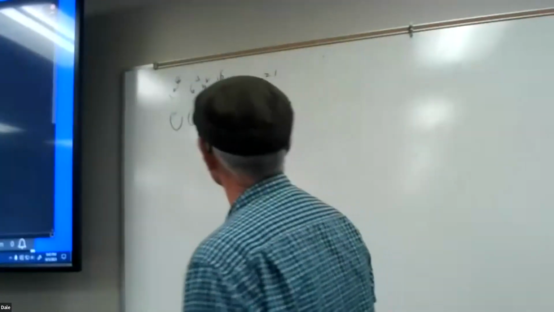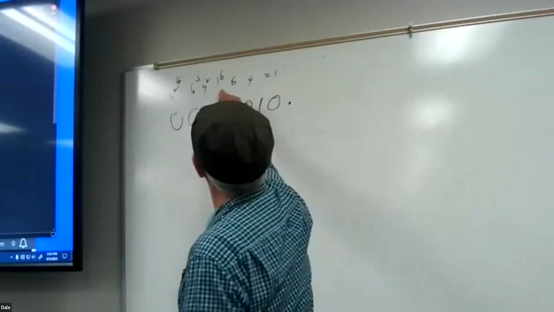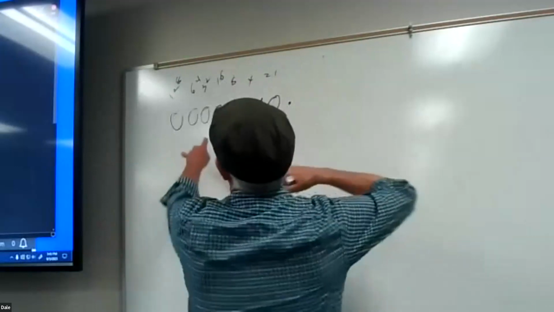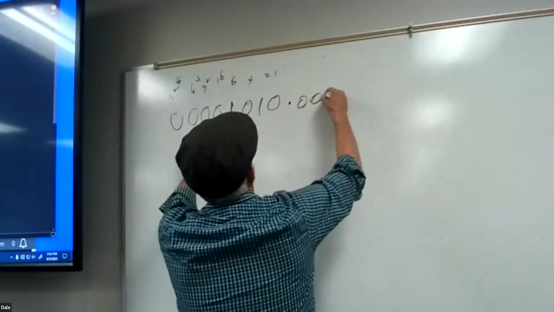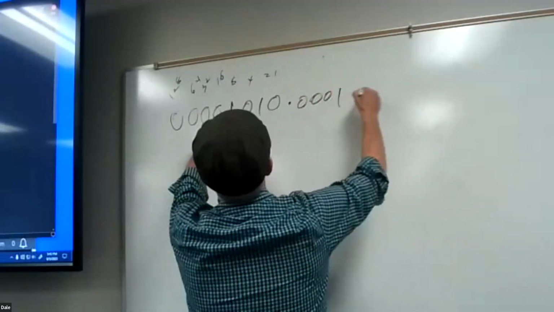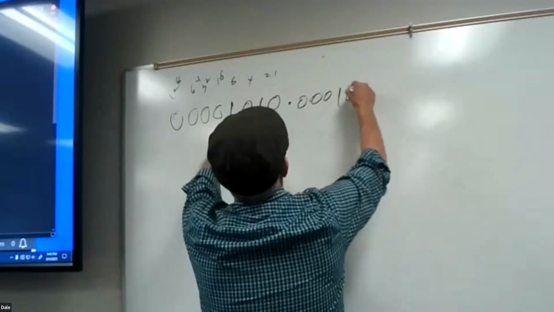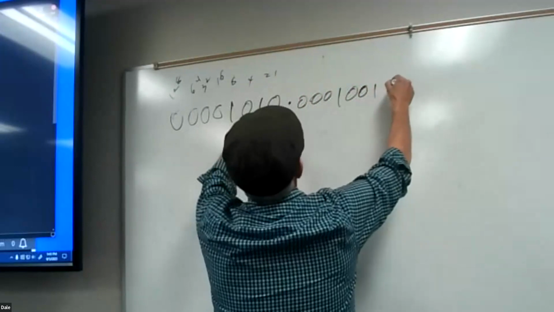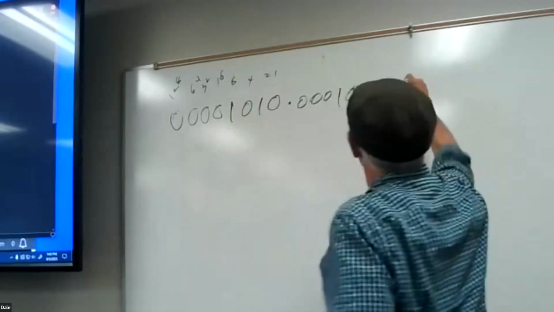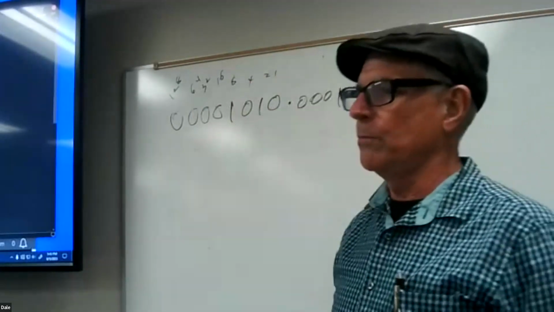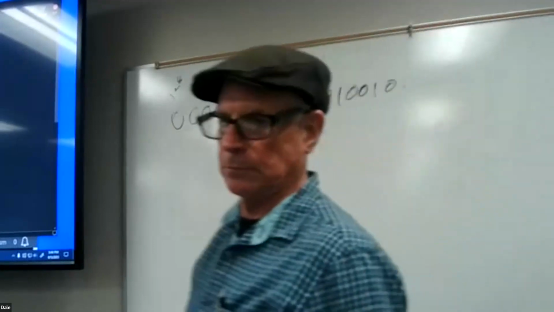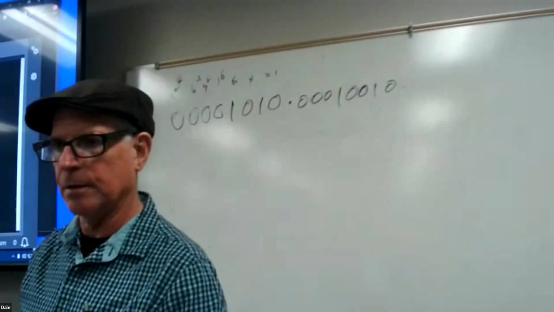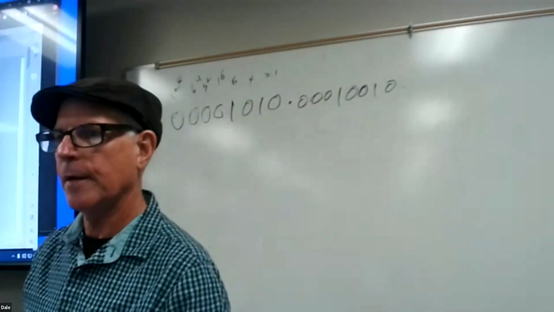So I need 18. How about 16 and 2? Does that give me 18? Yeah, I think so. Then I need a 0, and a 0. And dot. And now I need 171. I think I have that up here somewhere.